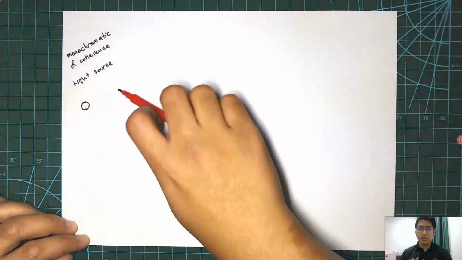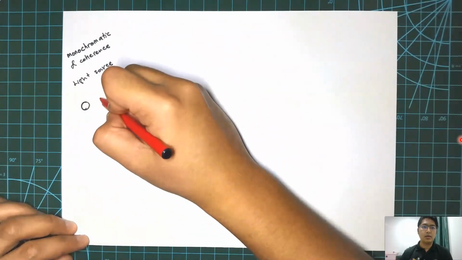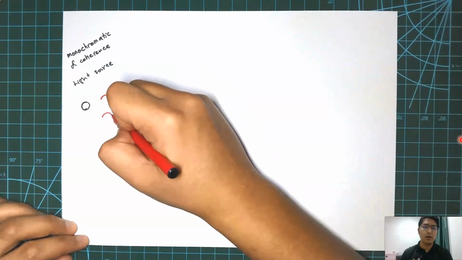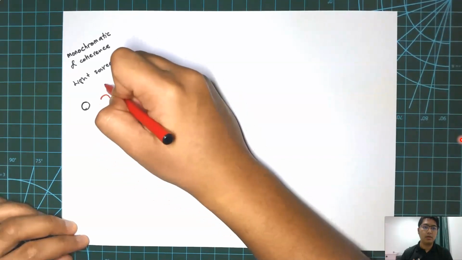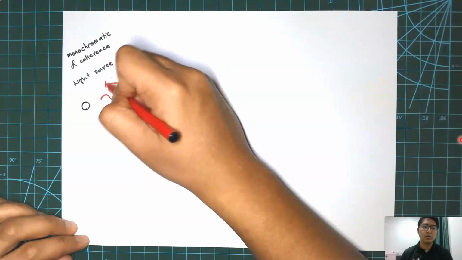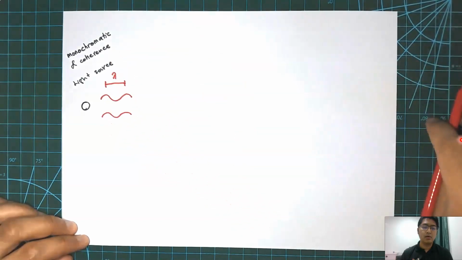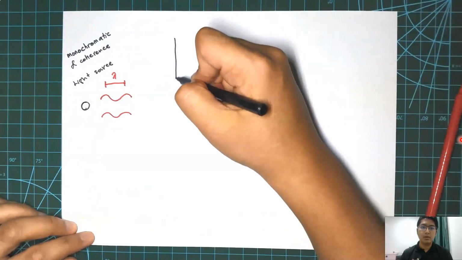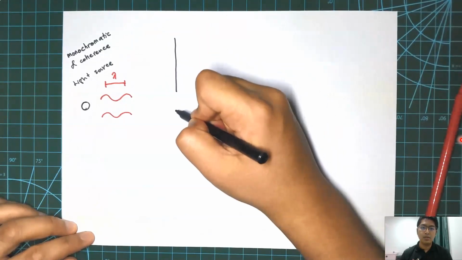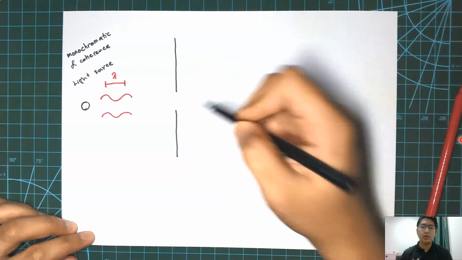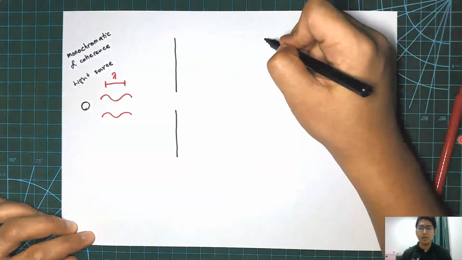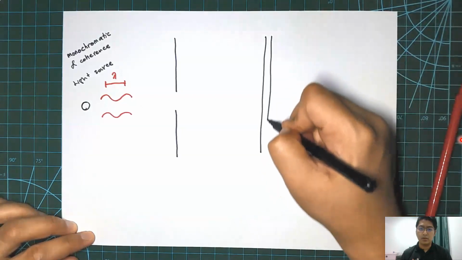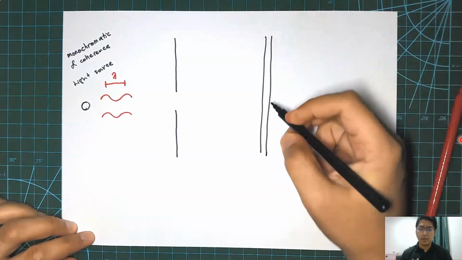So this video is about single slit diffraction. Of course, you need to have a monochromatic and coherent light source with a certain lambda or wavelength, usually in the region of nanometers, and then you have the slit, a single slit, and then you need to have a screen for the pattern to appear.